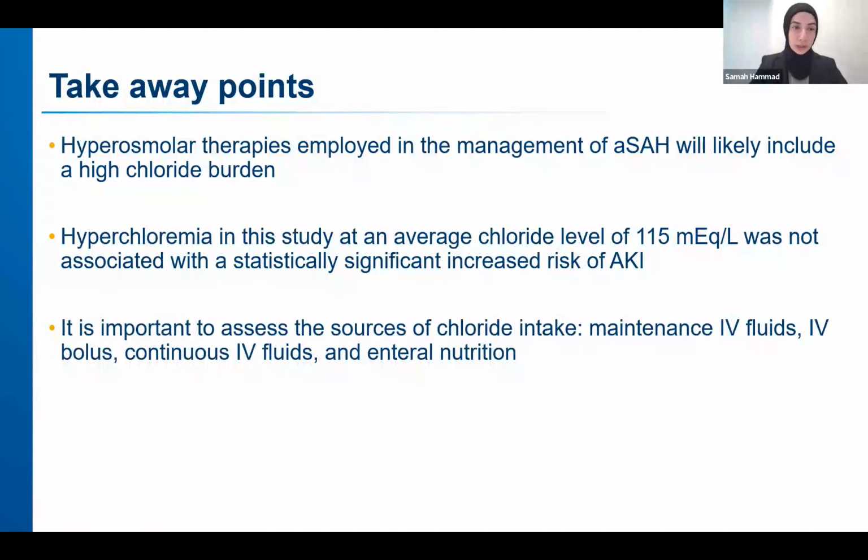However, it is important to assess the sources of chloride intake: maintenance IV fluids, IV bolus, continuous IV fluids, and even enteral nutrition. I think this is something that we as pharmacists are already doing in our daily workflow, but it's a nice reminder that fluid comes from all sources. And it's important to mitigate that chloride load, especially in patients with worsening renal function.